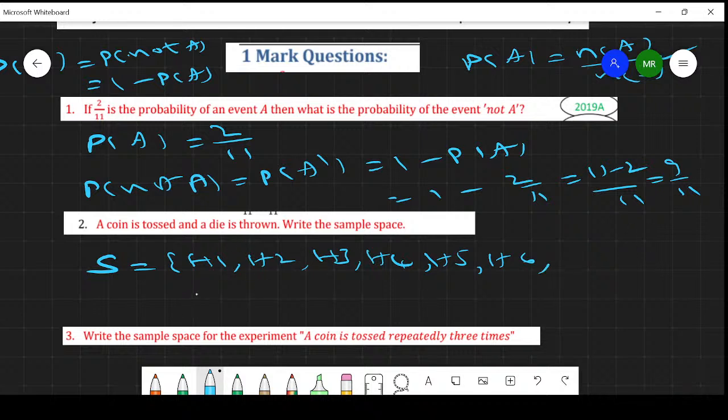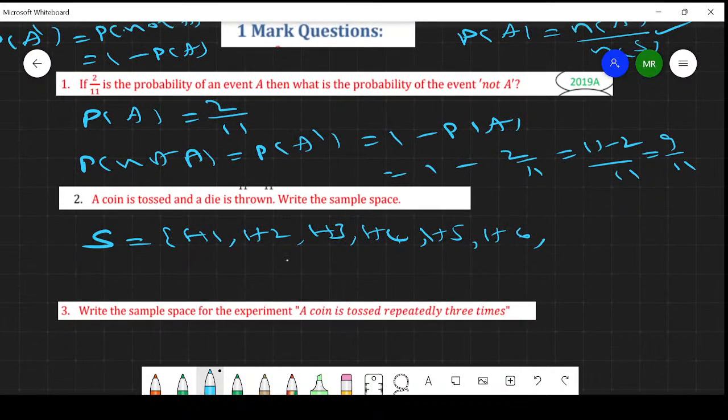Then I can write T1, T2, T3, T4, T5, T6 combinations.